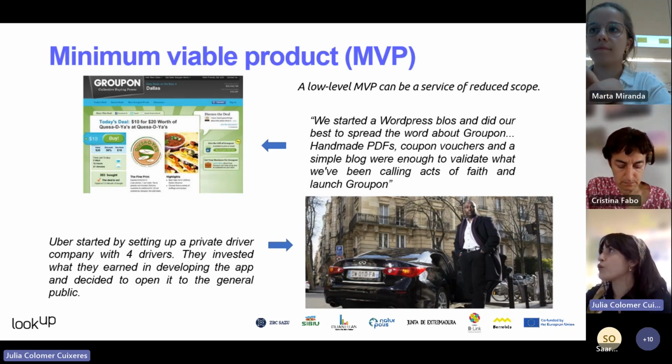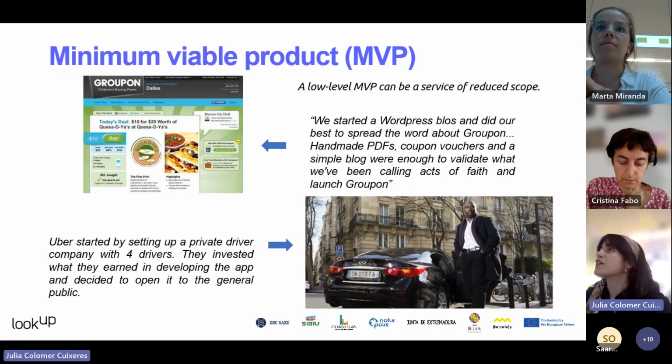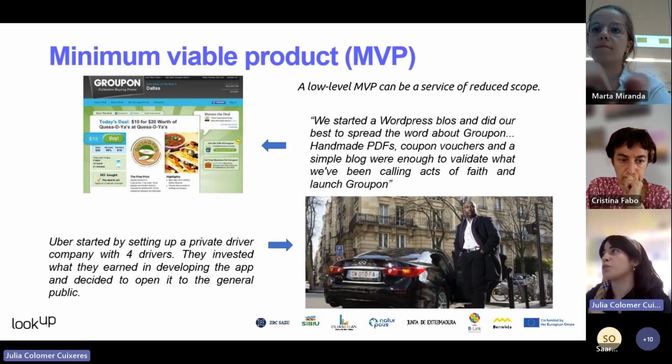Handmade PDF coupon vouchers and a simple blog were enough to validate what we have been calling acts of faith and launch Groupon. It means that, okay, we are going to show what we want to give you, and we want to sell. And if they thought in that moment that it was interesting, they would launch Groupon itself.